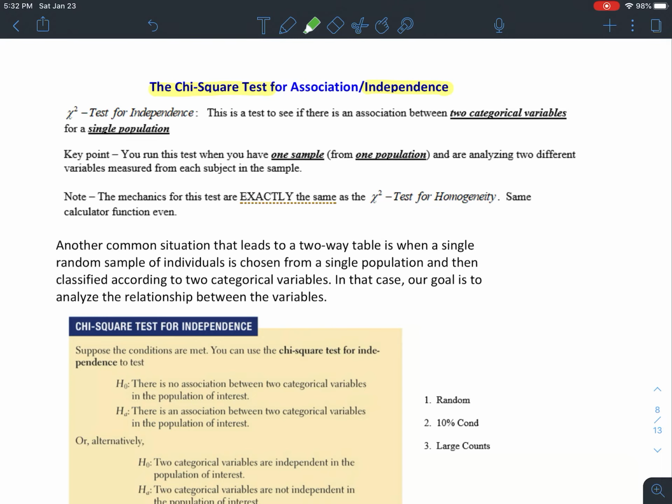And the chi-square test for independence is where you're testing to see if there is an association between 2 categorical variables, but we're now back to just a single population. So this is just a single sample, but we're checking to see if, from that one sample, these two different categorical variables are in any way associated with each other.